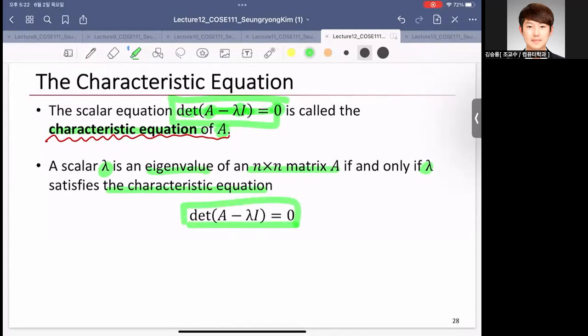So if you find the solution for this scalar equation, you're going to have the eigenvalues for the matrix A. That's the characteristic equation. Let me summarize this.